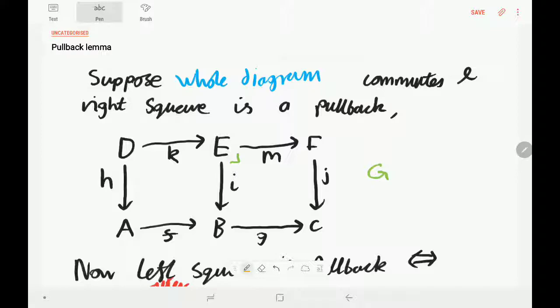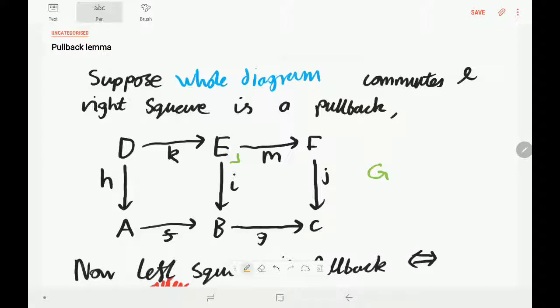We know that either way we do it, we'll get a pullback of the other way. So if we do it in two steps, if we pull back J along G and then we pull back I along F, we'll get a pullback that could be considered to be the pullback of J along G after F. Or, we can always do it just in one step.